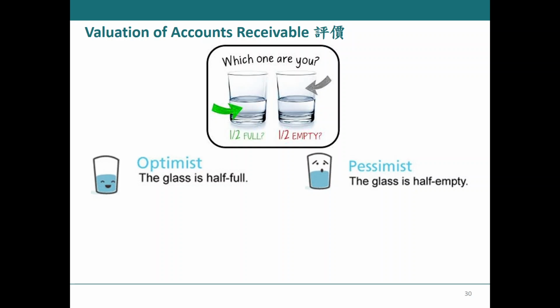Jason, what do you think? When you have a cup with water right here, what do you think? You think, oh, we still have it half full, or you think, oh, it's half empty. Which one?